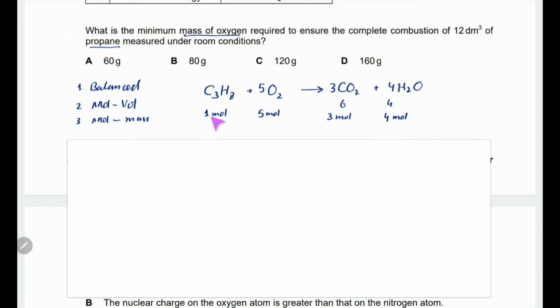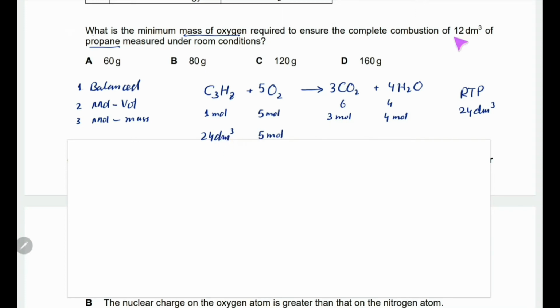Here we can see that 1 mole of each gas at room temperature and pressure occupies 24 cubic decimeter of volume. So here it is C3H8, 1 mole, and it will occupy 24 cubic decimeter, reacting with 5 moles of oxygen.